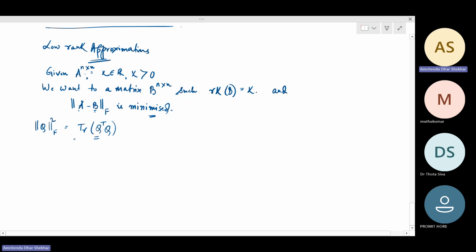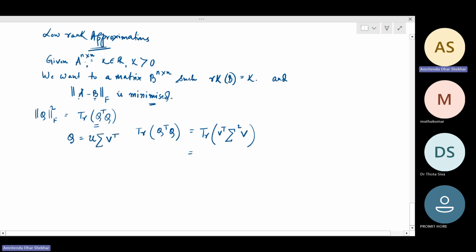If you write Q as equal to some U sigma V transpose, then the trace of Q transpose Q, jumping a few steps, would be equal to the trace of V transpose sigma squared V, right?